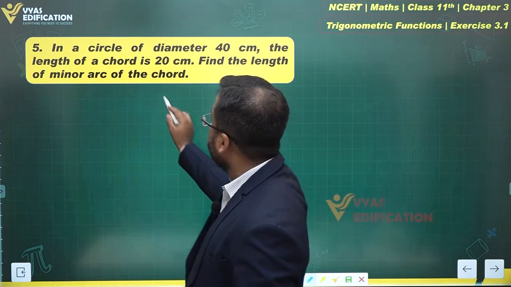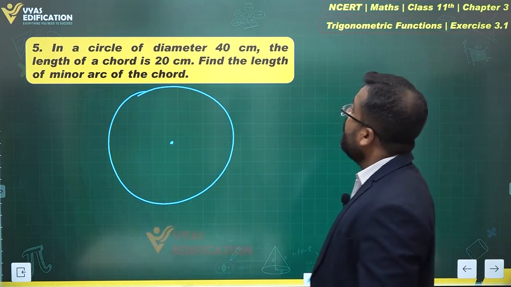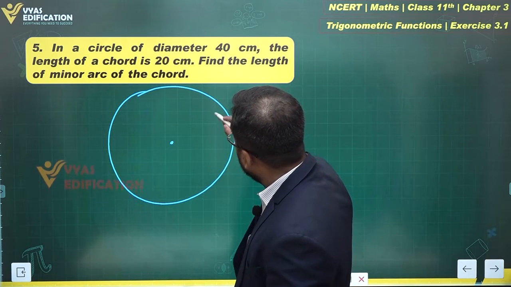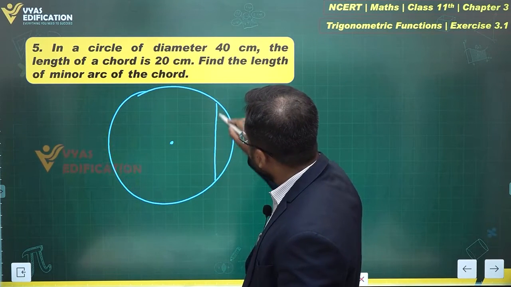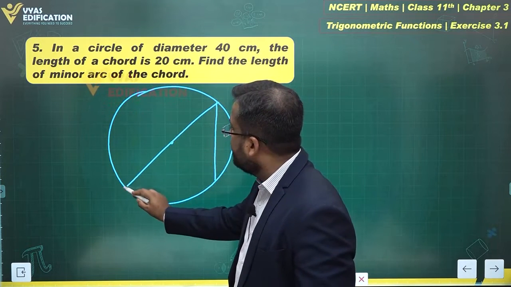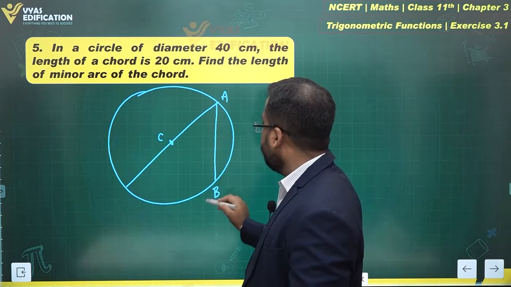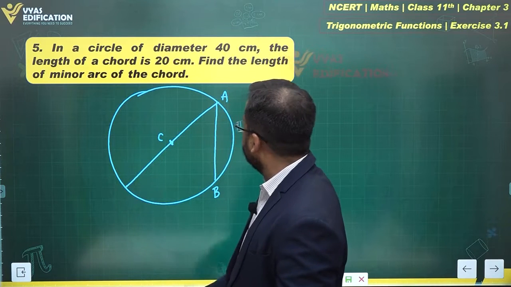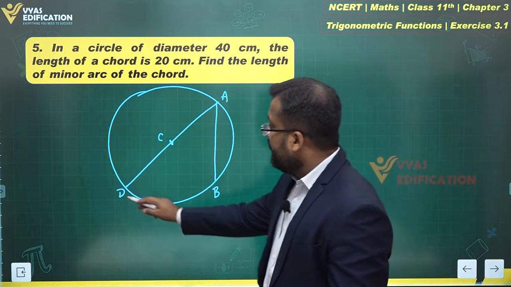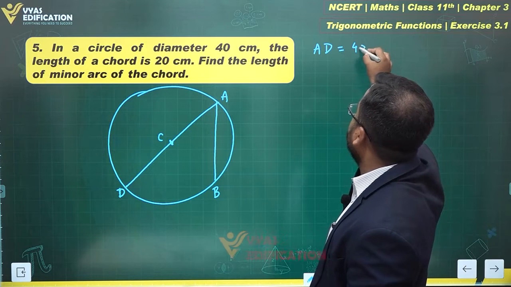In a circle of diameter 40 centimeter. Okay. This is a circle. And the diameter is given to be 40 centimeter. The length of a chord is 20 centimeter. Okay, a chord of length 20 centimeter exists. Let's say this is the diameter, this is center C, this is A, this is B, and let us say this is D. So we are given that the diameter AD is equal to 40 centimeter.